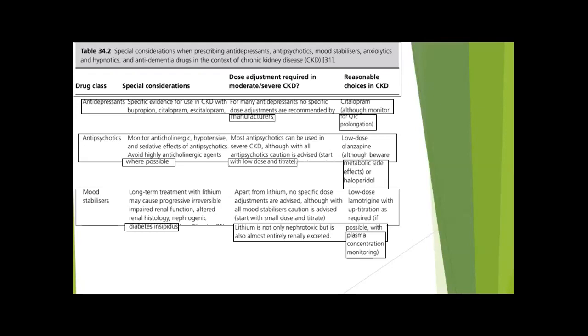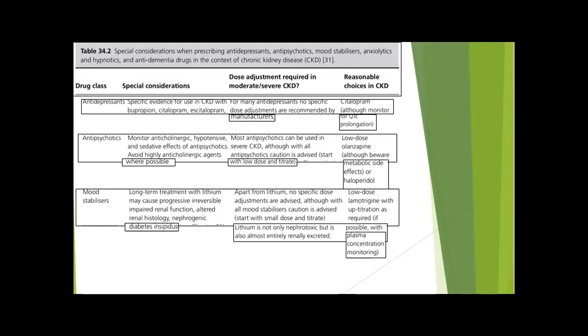With antipsychotics, monitor for anticholinergic effects, hypotension, and sedative effects. Most antipsychotics can be used in severe CKD, although with all antipsychotics caution is advised. Start with a low dose. Low dose olanzapine also carries metabolic side effects.